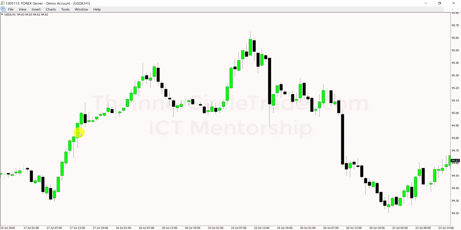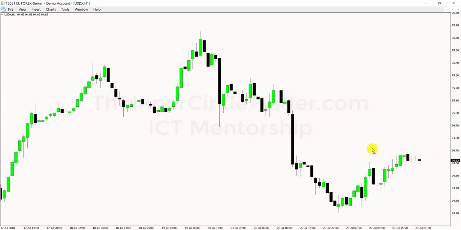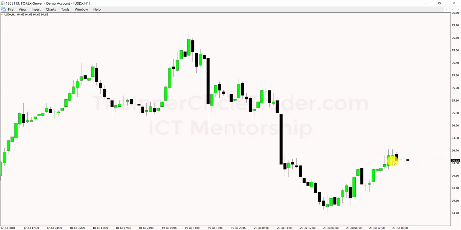So we had this open area, but in one single candle that was closed in. So I'd like 94.85 to 94.95. Okay, so if price can muster some strength to get up into that area, I would think that would be another area of distribution, and we could see some more selling on the dollar index.